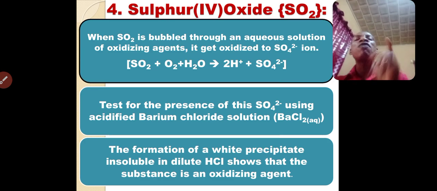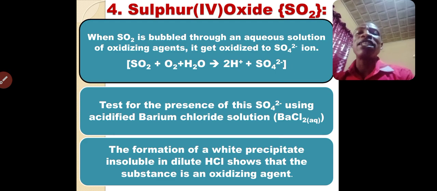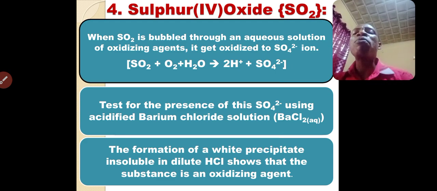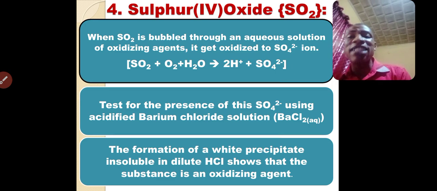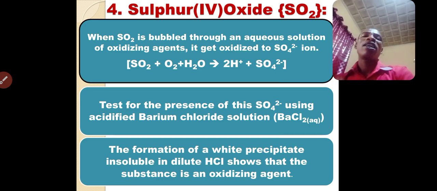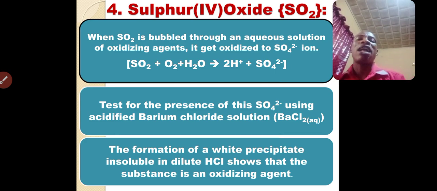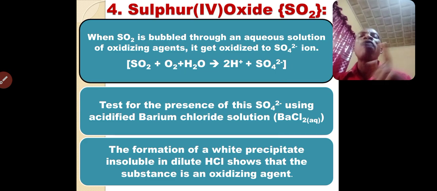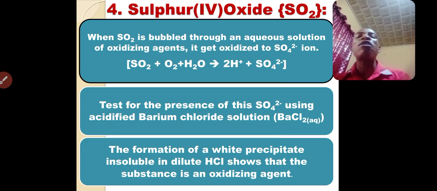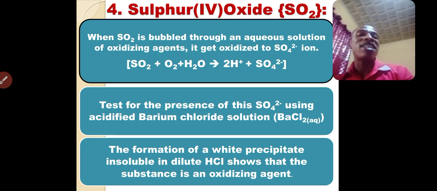You can also use sulfur(IV) oxide as a test for oxidizing agents. When you bubble SO2 gas into an oxidizing agent solution, it gets converted to SO4 2-, that is the tetraoxosulfate(VI) ion. Once you have done that, you can test for the presence of SO4 2- by using acidified barium chloride.